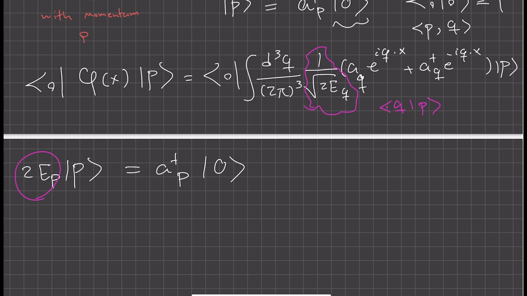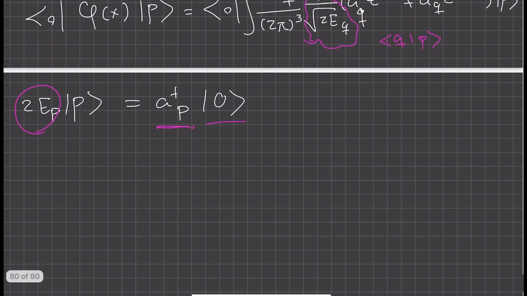So when I'm acting the state vacuum on the a dagger of P, I need to put this energy proportionality beside that. As the result, the outcome of the inner product is Lorentz invariant, because those energies are going to cancel out each other. And then if we boost the system, we are not changing the outcome of the inner product. So we need to create a Lorentz invariant volume or Lorentz invariant inner product.